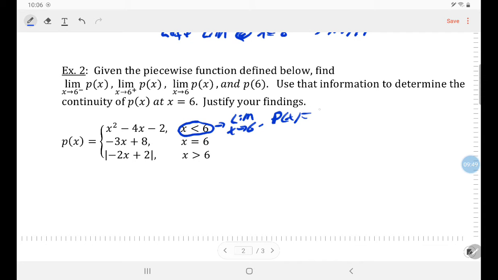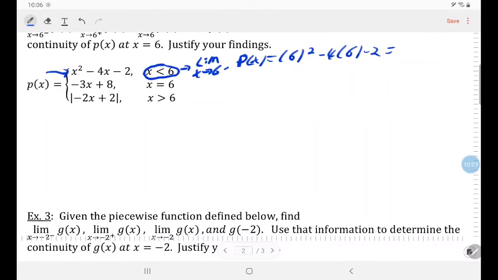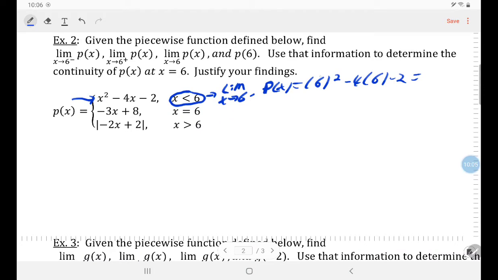I'm going to plug that 6 into the function that corresponds with that domain that's less than 6. So I got 6 squared minus 4 times 6 minus 2. I get a left limit of 36 minus 24 is 12, minus 2. That's 10.